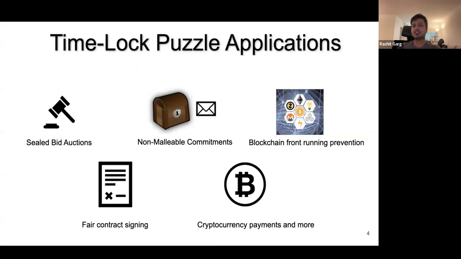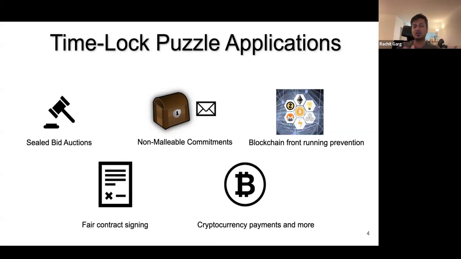This is a great object, and it has a lot of applications to sealed bid auctions, non-malleable commitments, blockchain front-running prevention, fair contract signing, cryptocurrency payments, and more. If you want to think of one such application, let's say sealed bid auctions. Everybody who is participating in the auction can time lock their bids and submit them to some public bulletin board, locking them for the entire bidding phase.